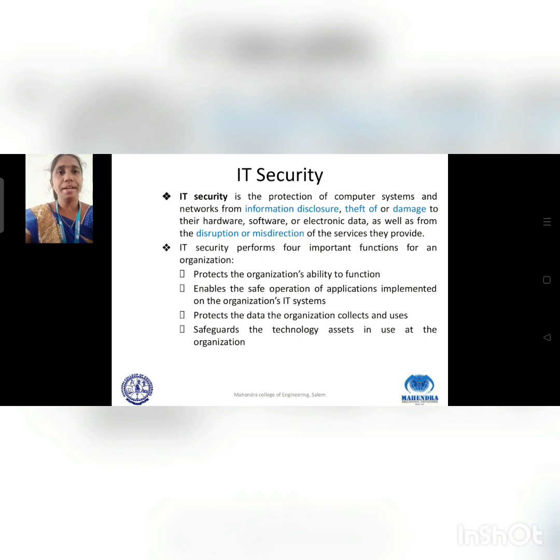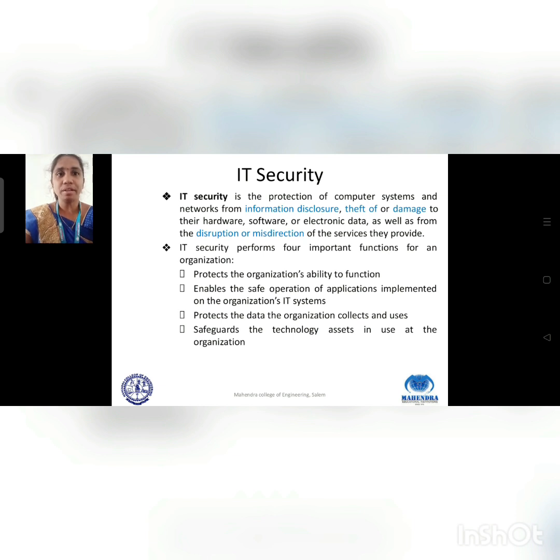Next one, IT security. IT security is the protection of computer systems and networks from information disclosure, theft or damage to their hardware, software or electronic data, as well as from the disruption or misdirection of the services they provide. IT security performs four important functions for an organization.